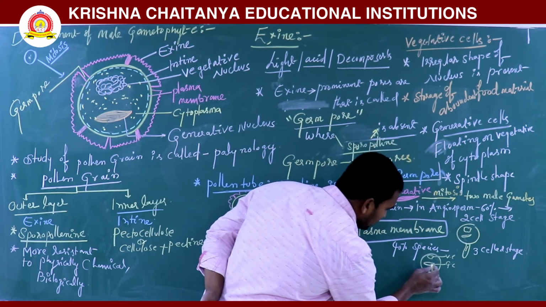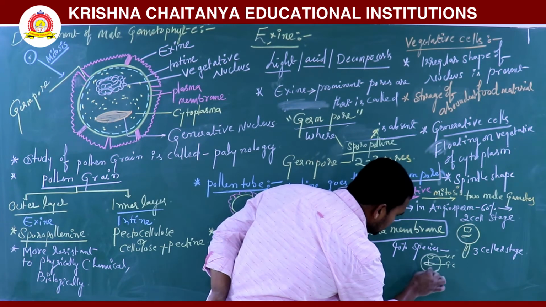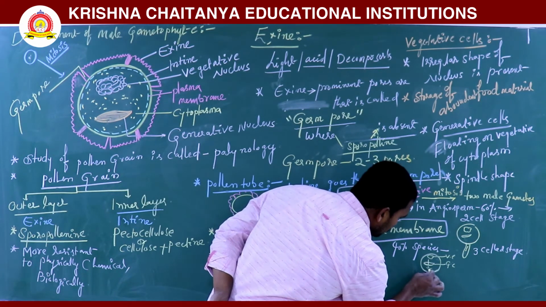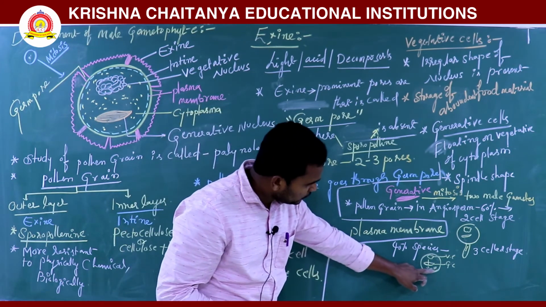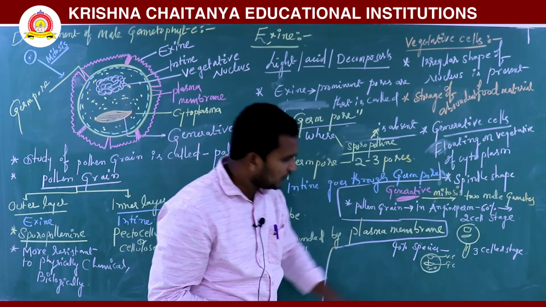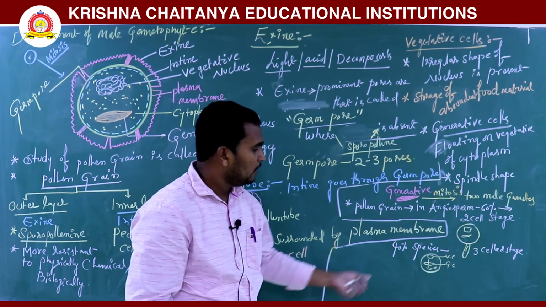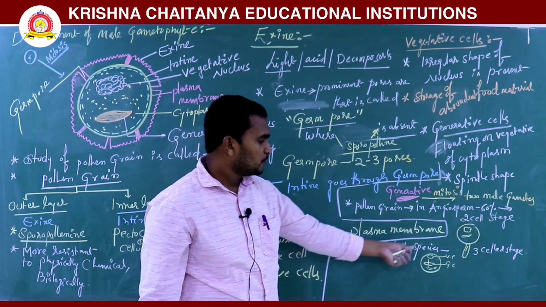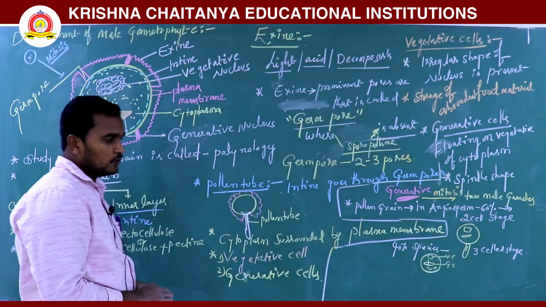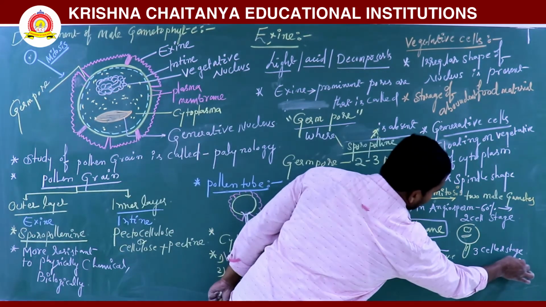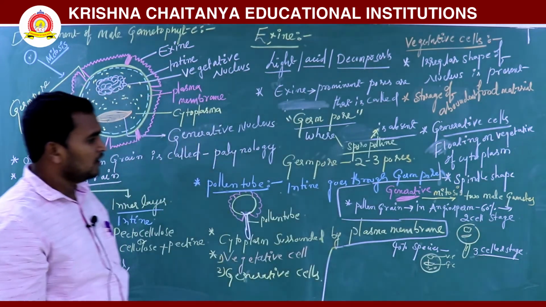The generative cell by the process of mitosis produces two male gametes. That cell is divided and produces two male gametes, total three. So the remaining 40% of species are in the three-celled stage, and the others in the two-celled stage.